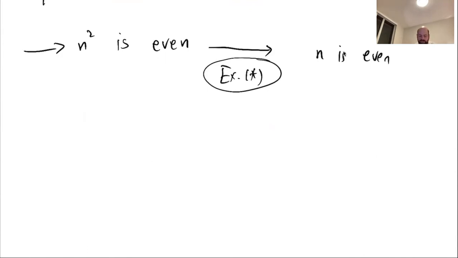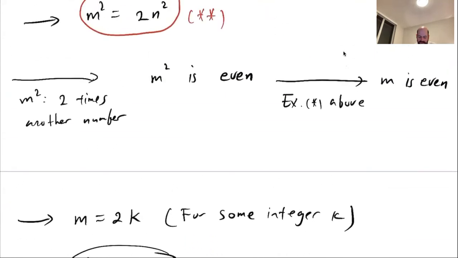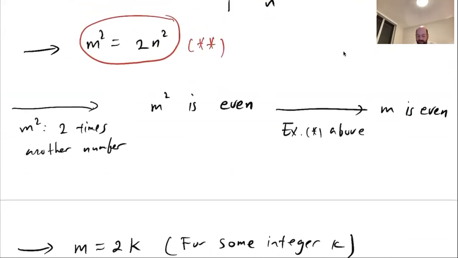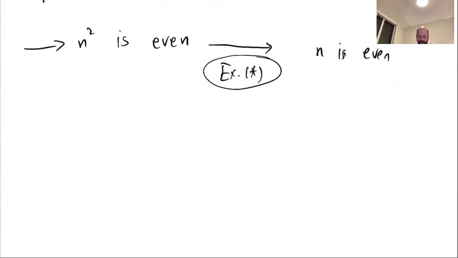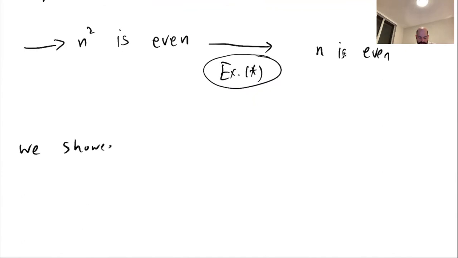So what have we shown so far? We showed that n is even. Previously, we showed that m is even. So we showed that m and n are both even.